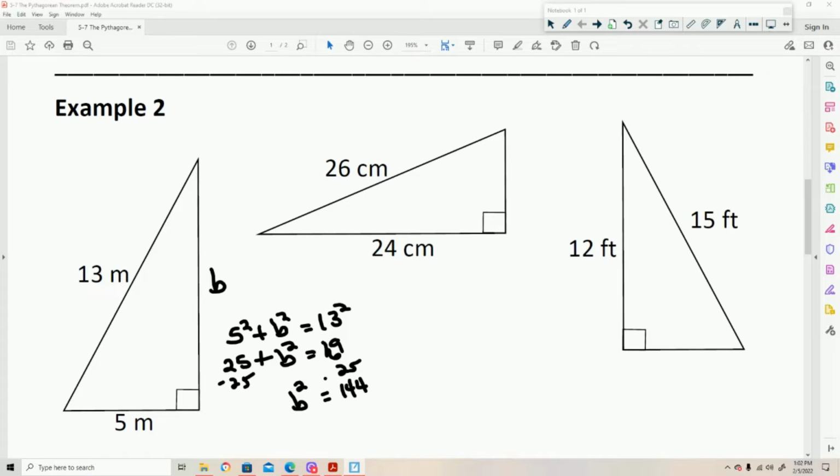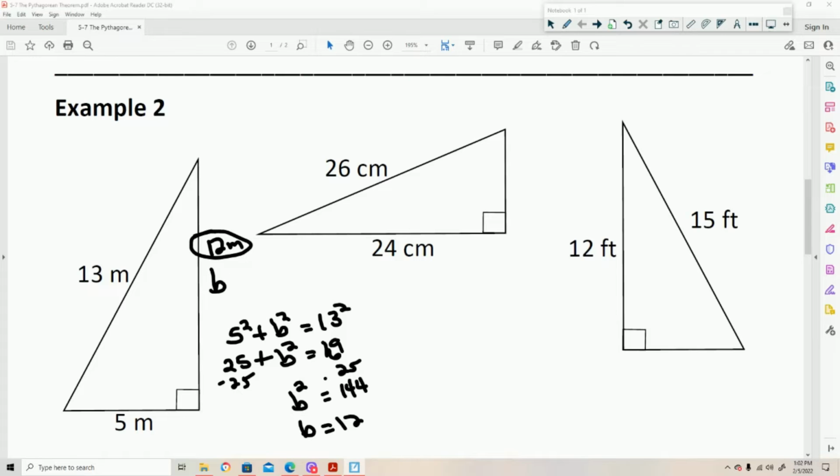I know that's a perfect square, so when I take the square root of that, I get 12. Okay, so B is equal to 12 meters. So what we did that was similar to finding the hypotenuse, we squared everything. And then we took the square root at the end. But the middle step is different in that instead of adding, we actually subtracted. That's the only thing that's different when you're finding a leg, the middle step.